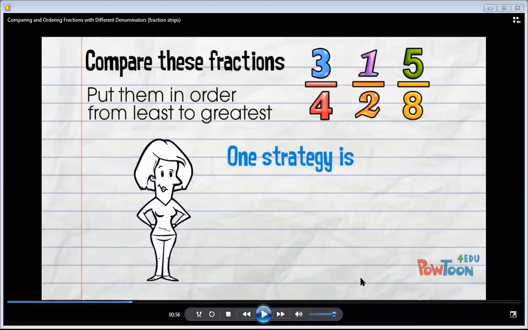First question, teacher, what's the meaning of from least to greatest? Who can tell me? From least to greatest. What does that mean? I'm waiting.